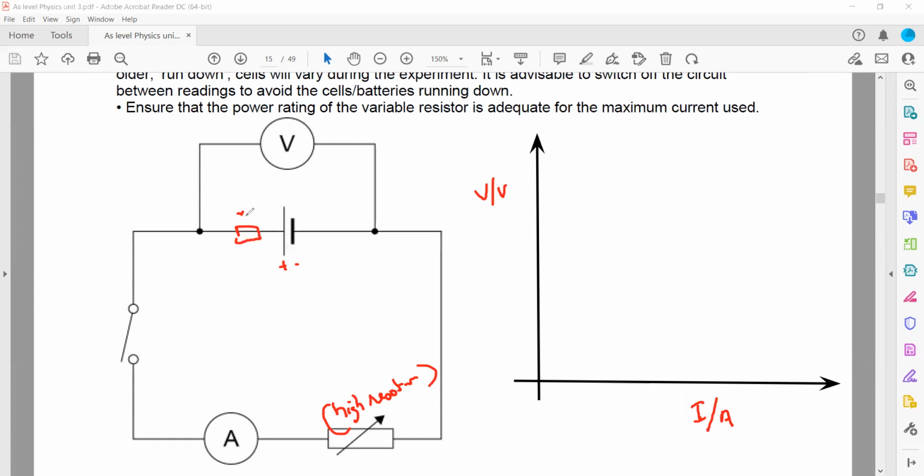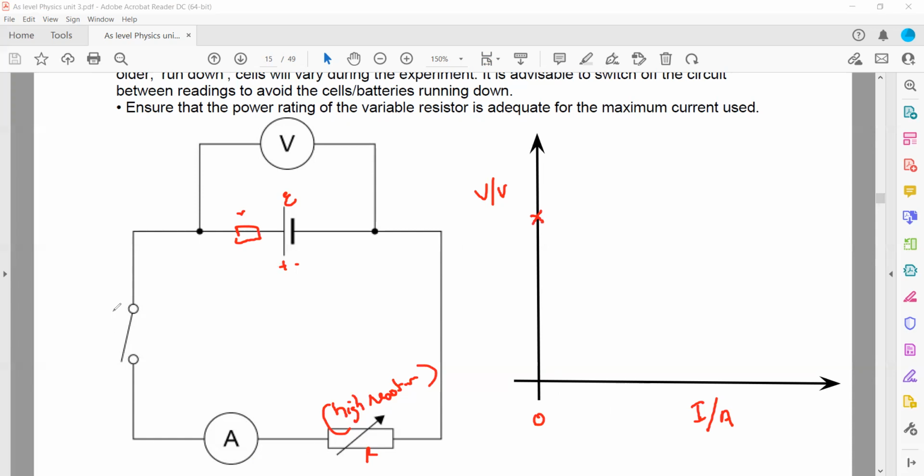The battery has internal resistance, and external resistance R is there. But because there is no current, there is no voltage drop internally. All the voltage will be the same as the EMF of the battery. So when the current is zero, the voltage will be maximum. So we'll start with a maximum value.